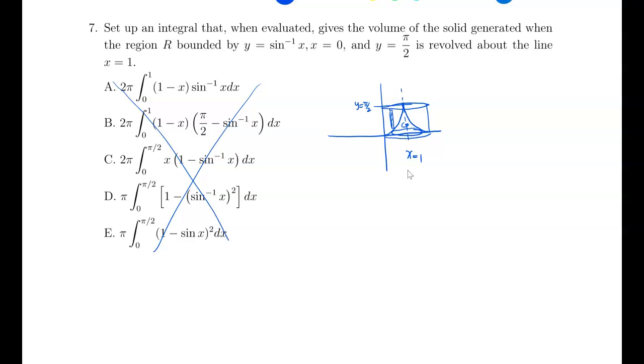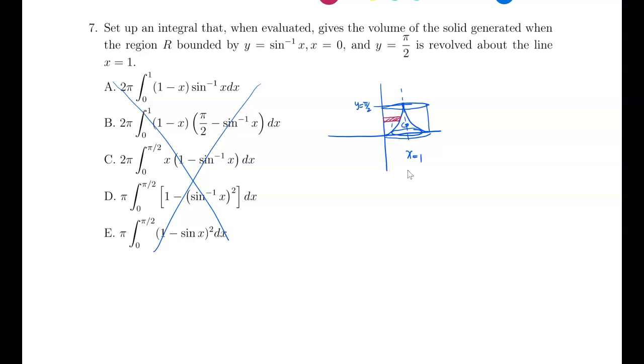Okay, and we will just set up the volume here, how we would solve this when it's revolved about the line x equals 1. So in this case, we would have to use the horizontal strip to solve that.